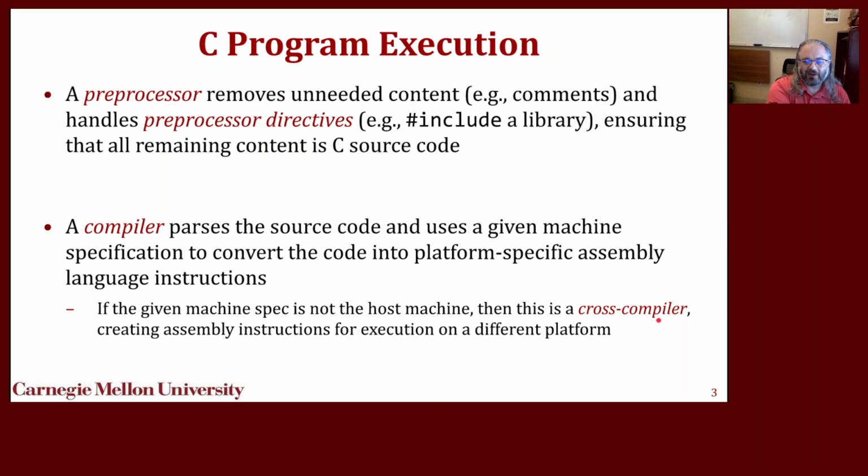So you can compile code on one machine and potentially execute it on a different machine. So again, the job of the compiler is to map things into the platform-specific assembly language, whatever the local machine or the target machine has as its machine instruction language. So the output of the compiler will be assembly language instructions or assembly code.